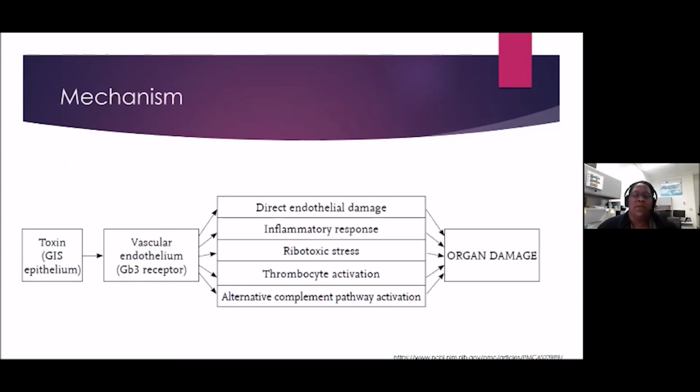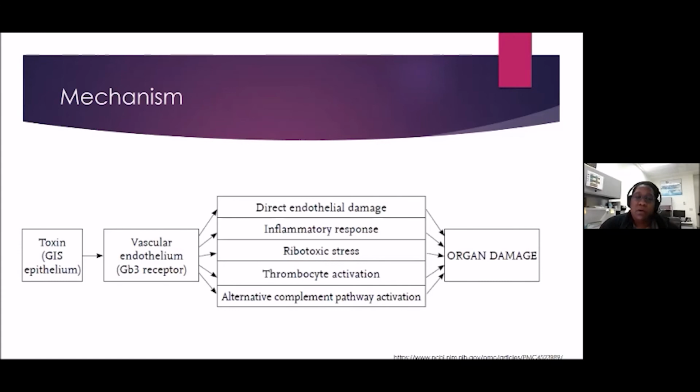So what happens here is the bacteria produces a toxin, and what it does is basically attacks the vascular endothelium directly. But also when it does this, any tissue that gets attacked that is injured is going to release inflammatory chemicals, cytokines. And also when the endothelium is damaged, you get your von Willebrand factor multimers.